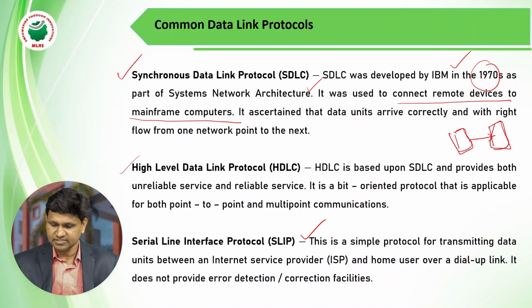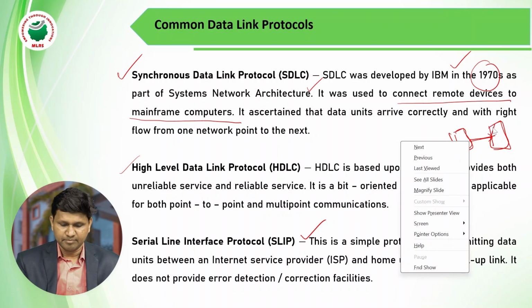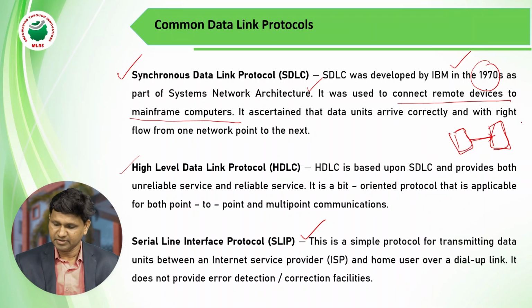In these cases, this is a mainframe computer, assume that. These are the remote devices. Here you can send and receive data from the remote device to the mainframe computer. The synchronous data link layer was used to connect remote devices to mainframe computers.